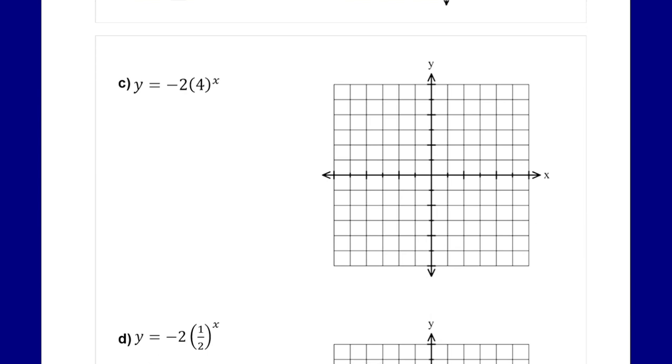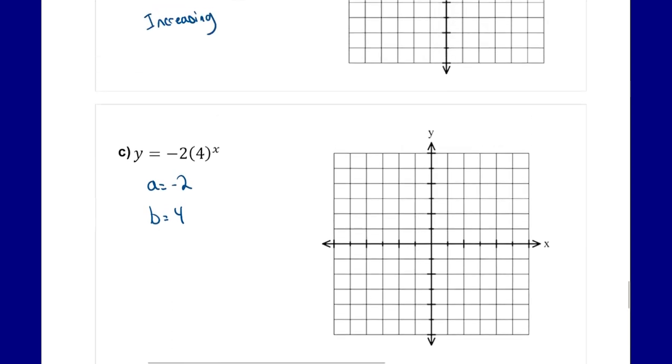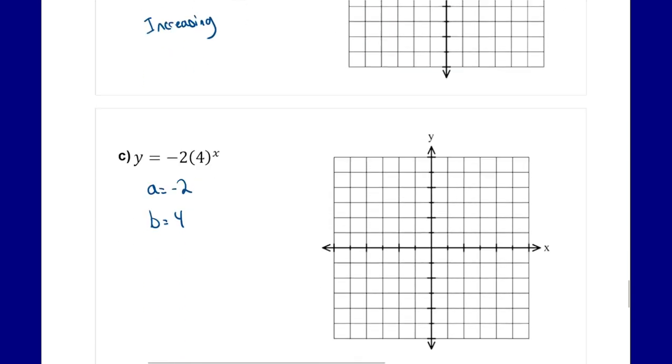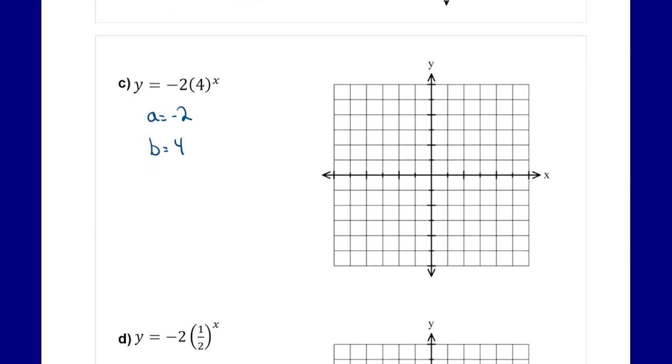C is now where we're looking at some of those other examples. Right, we're still going to go through and find the y-intercept. In this case, it's -2. Our b value is 4. So this is kind of opposite or reflected of what we just saw, because that a value is negative. So I can plot that point, say -2. Now I have to think, okay, what is going to happen? Is it going to be increasing or decreasing? Well, you could think, that factor of 4 should make my numbers larger.